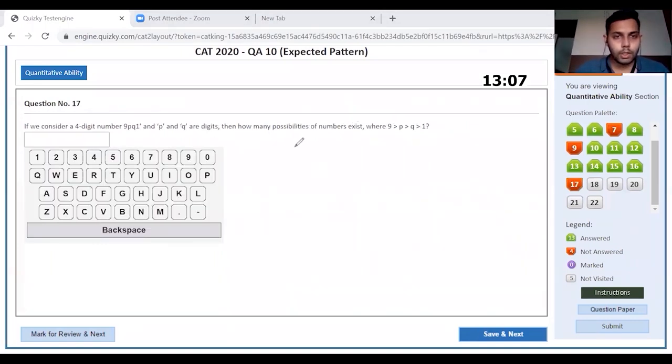4-digit number 9PQ1. PQ are digits and 9 is greater than P, greater than Q, greater than 1. Okay. So P cannot be 2. Otherwise, this one. So P can be 3, so this will be 2. If P is 4, this will be 4, 3 or 4, 2.